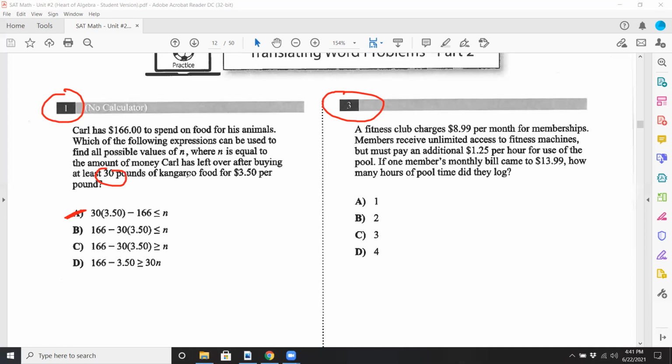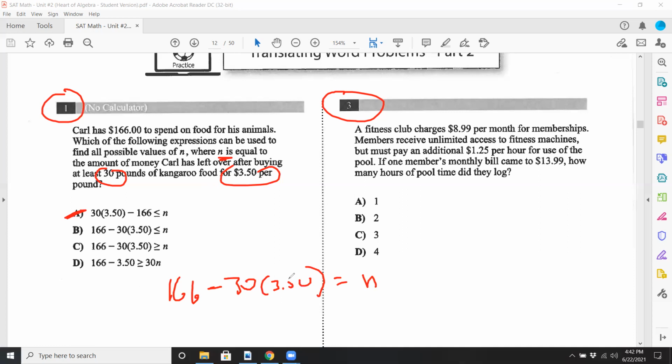Let's say he buys at least 30 pounds at 350. So you've got to do that. And N is how much money is left. So you could say it equals N if he bought exactly 30 pounds.